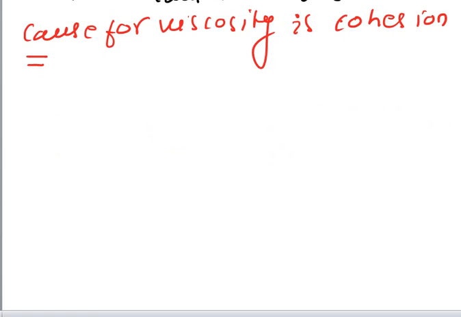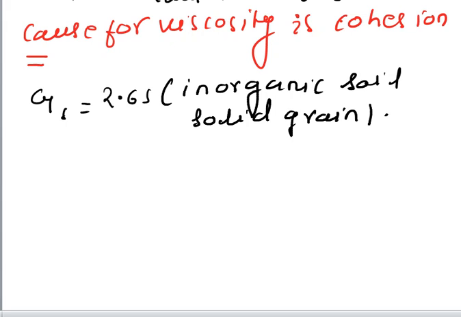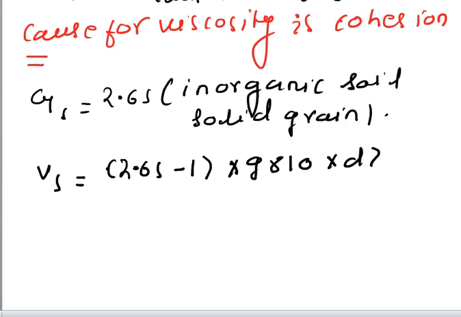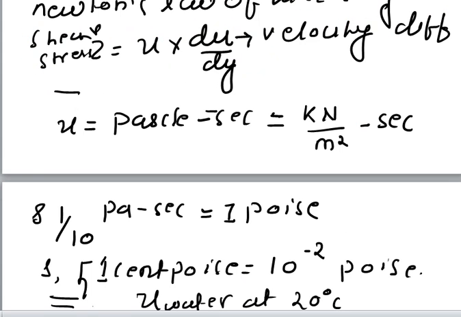G for inorganic soil solid grain approximately ranges around 2.65, so let us take 2.65. How can Vs be written? (2.65 minus 1), that is G minus 1, times 9810 into D square over 18 times 0.001. Yes or not? This is the dynamic viscosity of water.